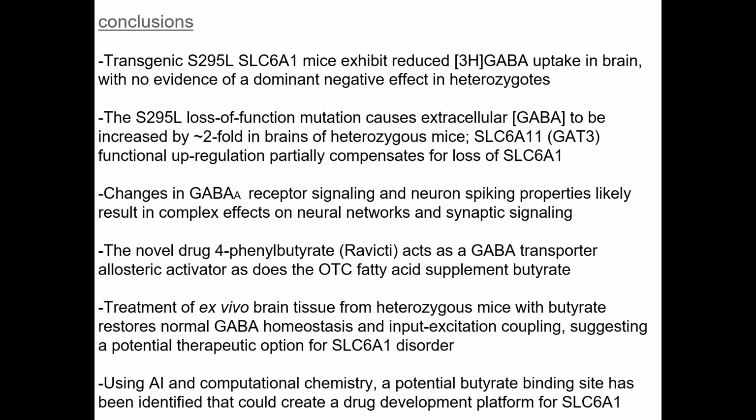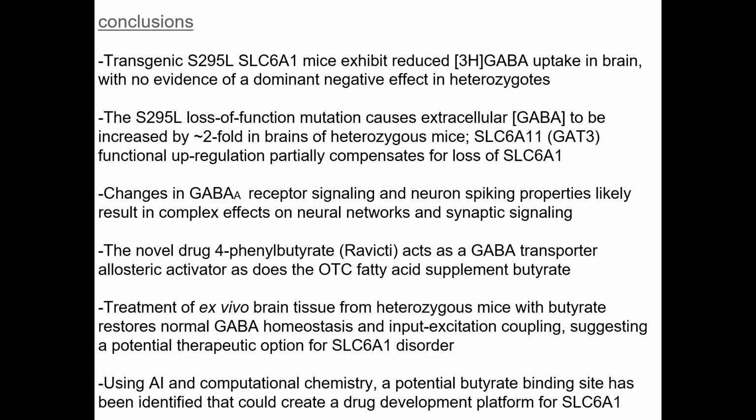Of course, because every child that has a spontaneous mutation is likely to have a different mutation, there's going to be a spectrum of phenotypes, a spectrum of effects of these mutations, and so it's going to be important to understand what each mutation actually does in detail. We know that this complete loss of function mutation causes extracellular GABA to be increased by about twofold in the brains of het mice, which reflect the genotype of the patients.